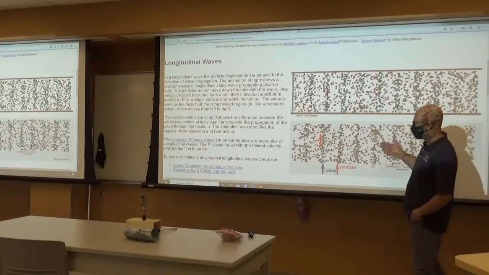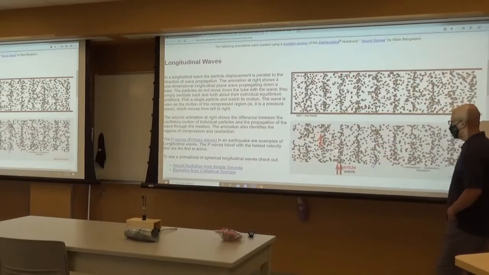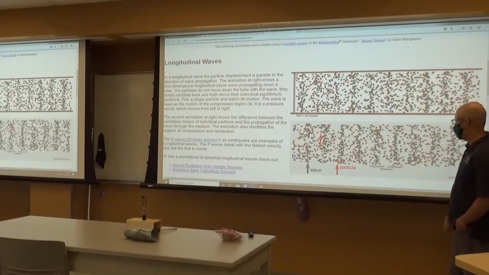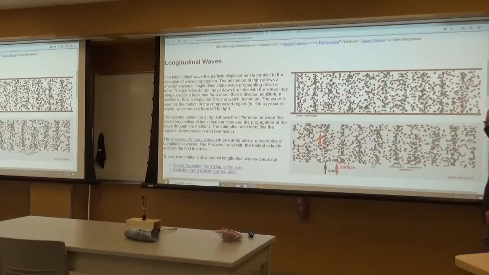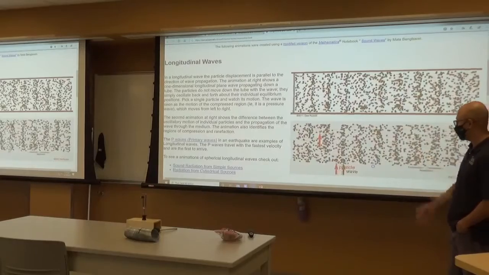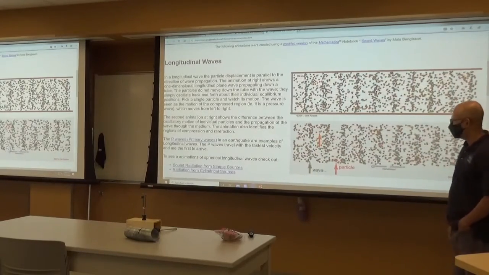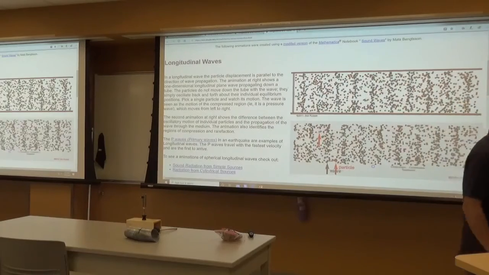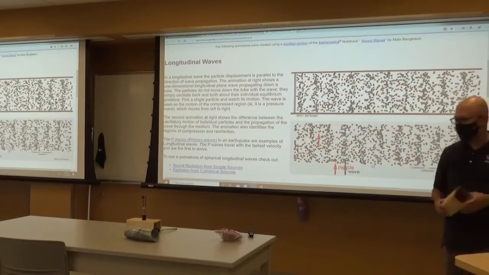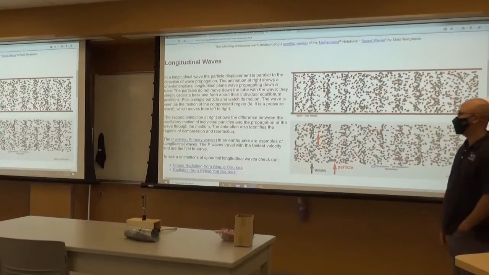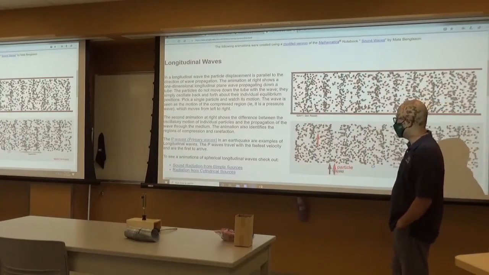So in case of longitudinal wave, the particles move back and forth along the same direction as the direction of propagation of the waves. Whereas in the transverse wave, they move up and down, perpendicular to the direction of propagation of the waves.